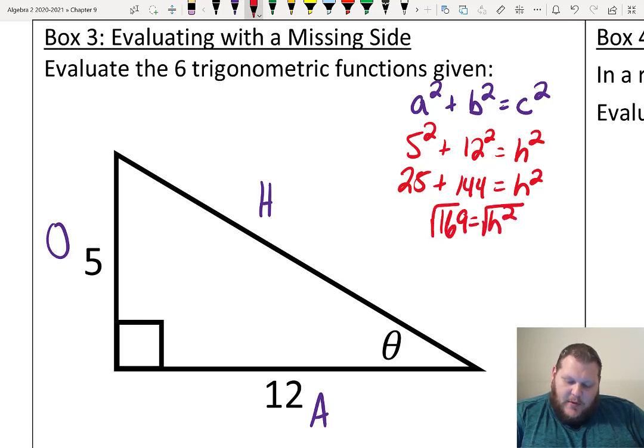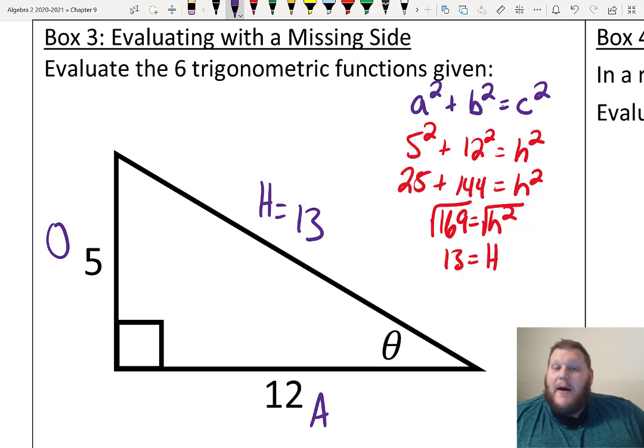So if I take the square root of both sides, I end up with technically plus or minus 13, but we know that a side length can't be negative, so my hypotenuse has to be positive 13. So a little bit of work, but now I have all three sides.